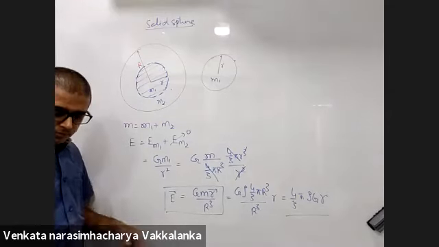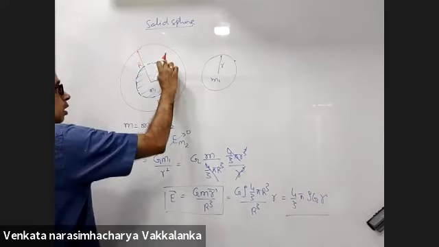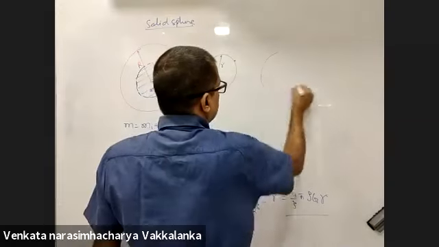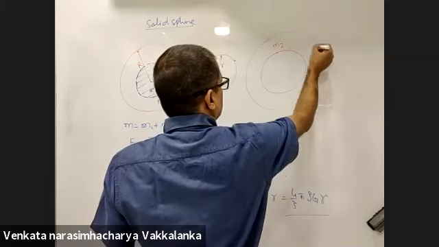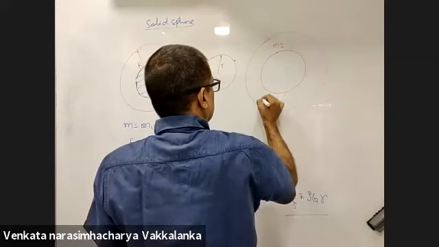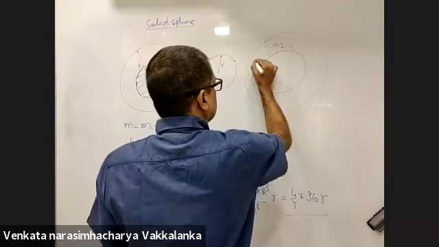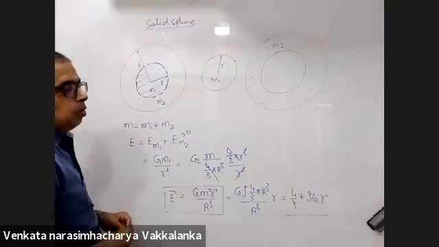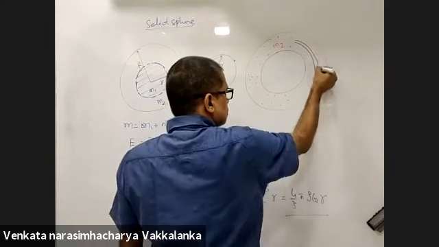Sir, can you please repeat that M2 part? How did you get it to be 0? I'll draw M2 here separately. This is M2. Right? M2 consists of thin shells.